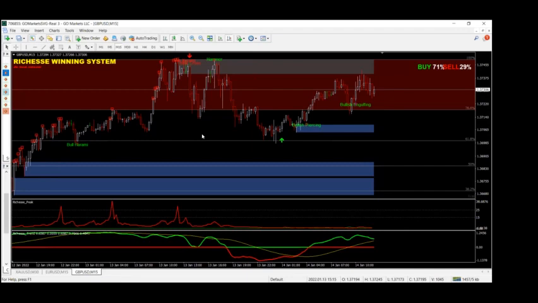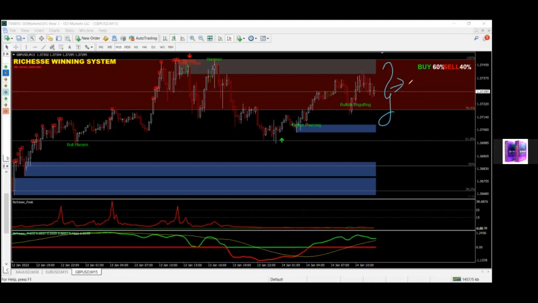Now I will just put my pen. Which one is this, the above one? It's a supply zone. Okay. And this area is a demand zone.